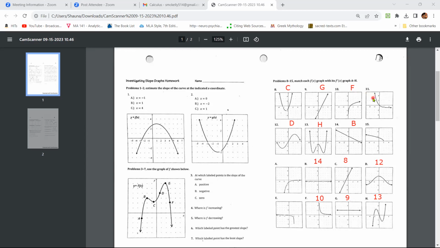It's decreasing. Okay, that's true. But is it positive or negative here, the slope of the tangent line? Which way does the tangent line go? It goes down, or well, it goes to the right. It goes this way, right? So the tangent line will have a negative slope, negative slope, negative slope, right?